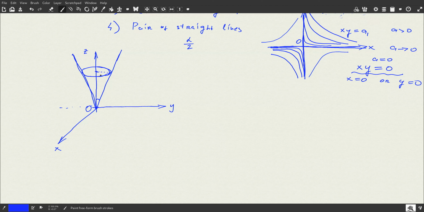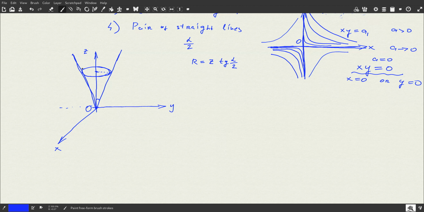And the radius of this circle would be equal to the z coordinate times tangent of half alpha. That should be clear. A radius over z, if this is the z coordinate, is precisely the tangent of half alpha.